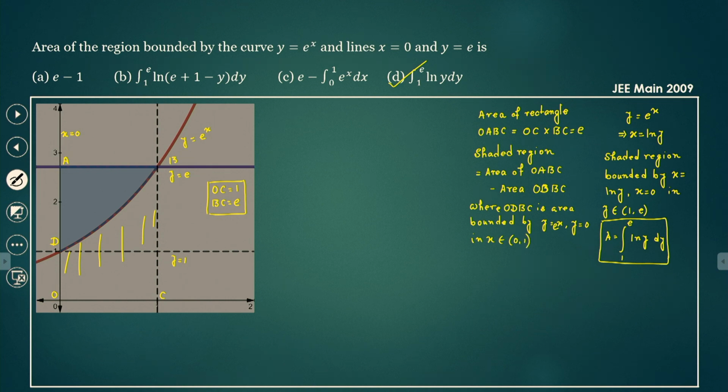So the required area A is equal to e minus the integration of 0 to 1 of e to the power x dx. So for this particular problem, option C is also the correct option.